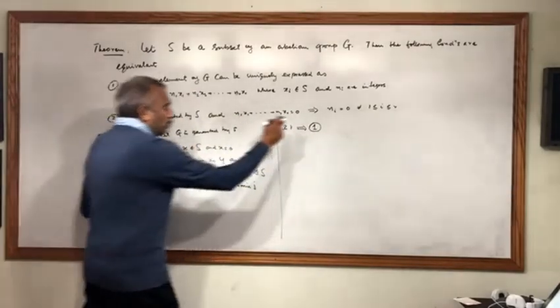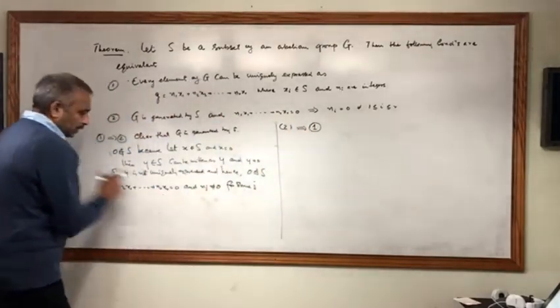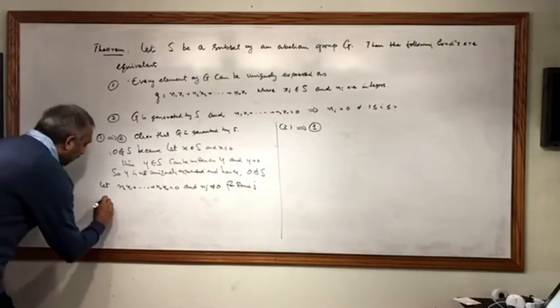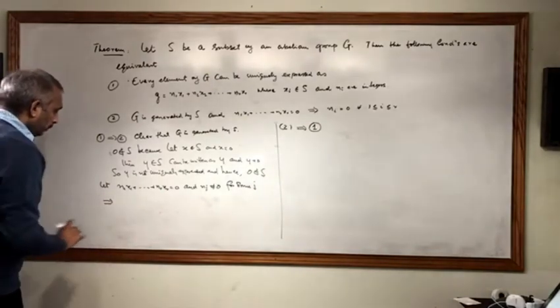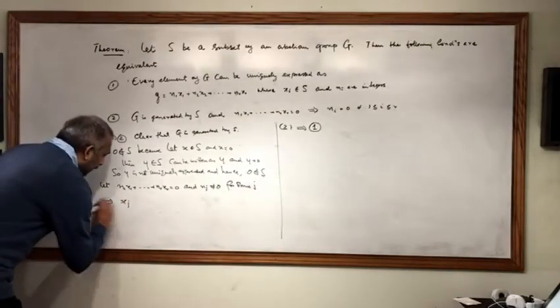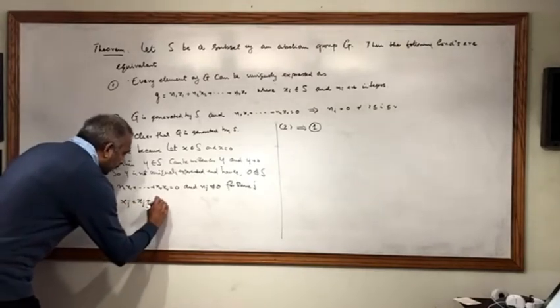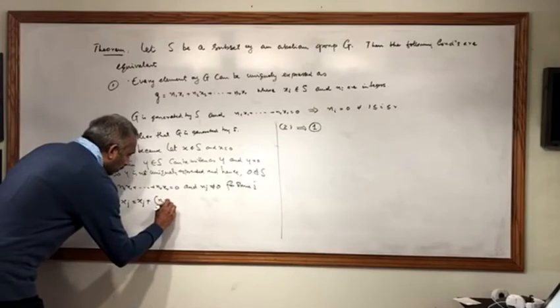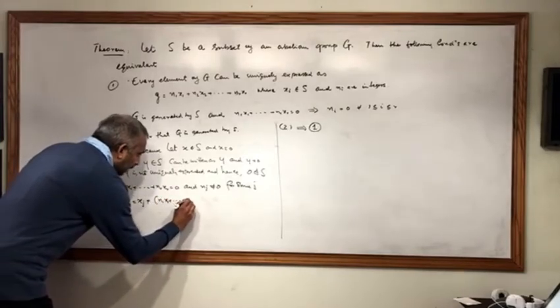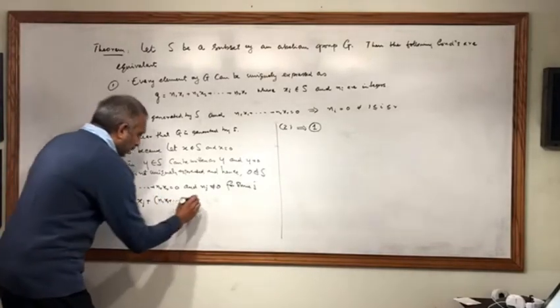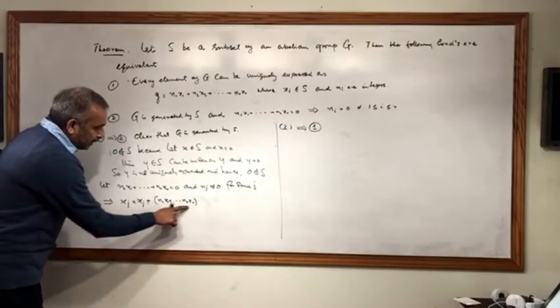So we'll assume that at least one of them is not equal to 0. So this implies that xj is equal to xj plus n1x1 plus ... plus nrxr, because this is 0.